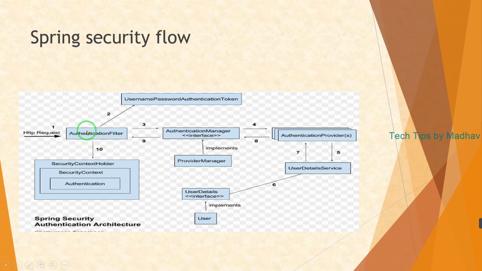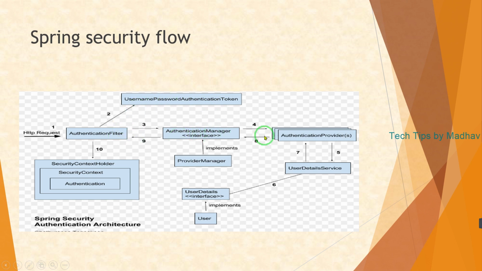If the user is not authenticated, the filter will give the login page to the end user. After the user enters the username and password and submits the request, the authentication filter will capture that information and store it into this object, the username password authentication token. Then the filter will share that information to the manager.